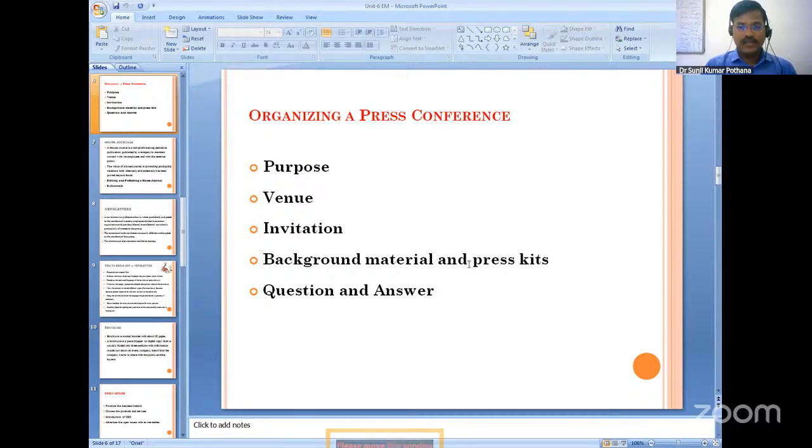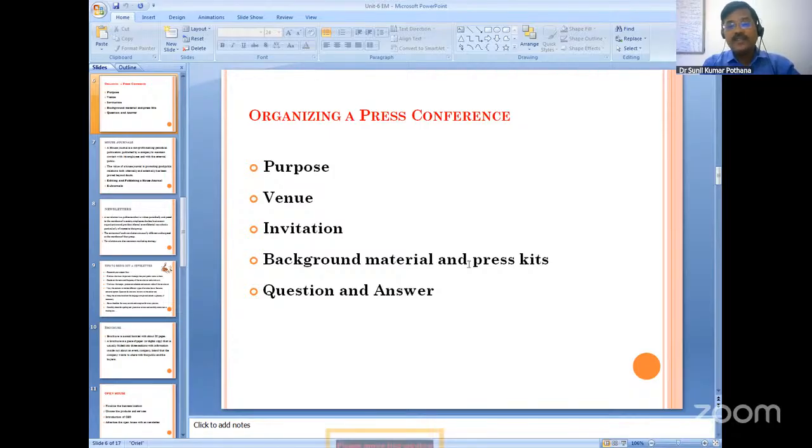So to avoid this confusion, they will give some background material about their company, their previous records, their previous results, and in case of crisis management, how they handled earlier crises and what they did to overcome them. All of this is included in the press kit. A press kit generally contains the background material and a pen, a paper, or a rough scribble book. This is generally what we know.